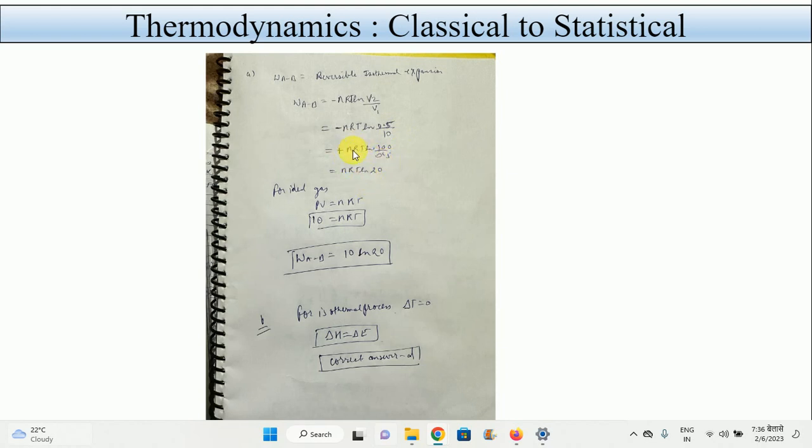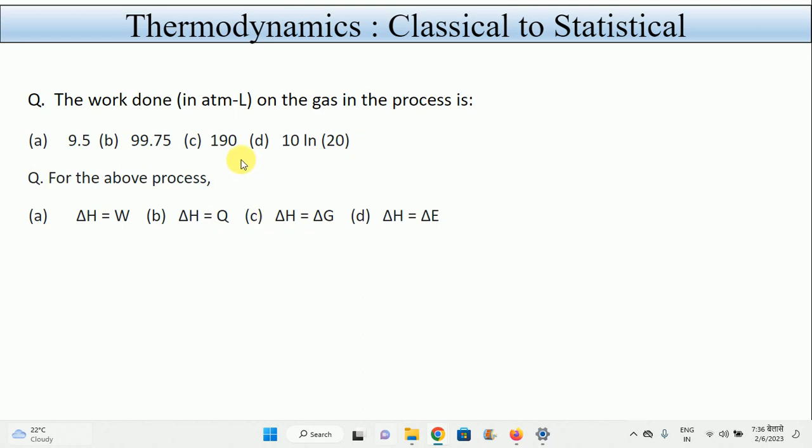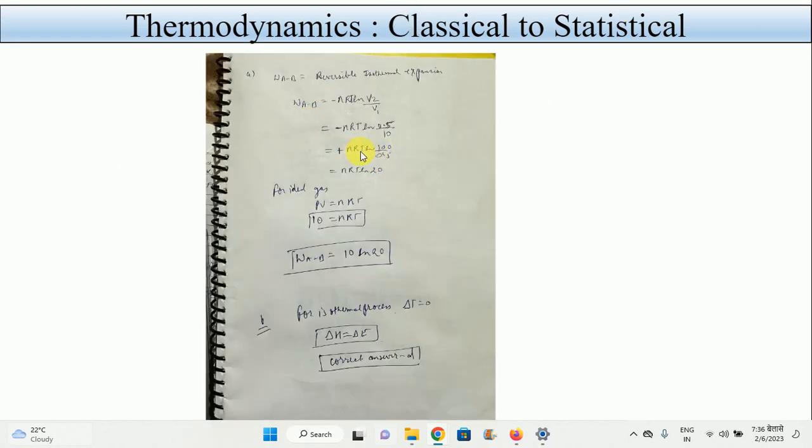From the gas equation PV is equal to nRT, we can solve it, and since it is an isothermal process, P1 V1 is equal to P2 V2 as well, as we know that P1 V1 by T1 is equal to P2 V2 by T2, but if T1 is equal to T2, then P1 V1 is equal to P2 V2. So that equation we can use here.